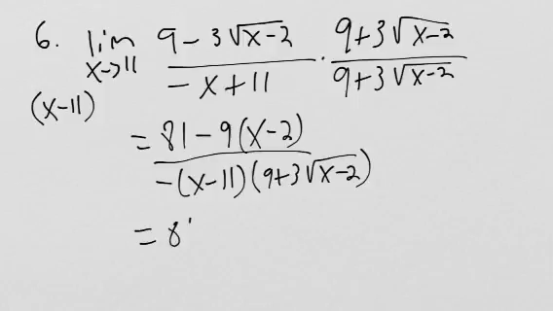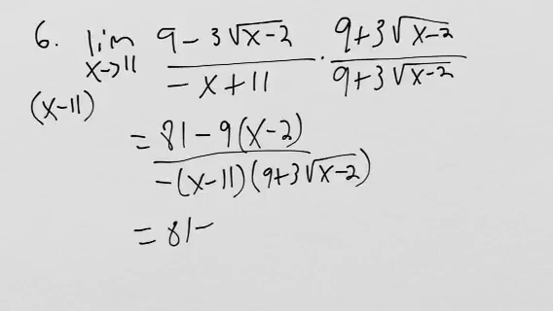We get 81 minus 9x plus 18. All we did is distribute our 9 into the parentheses.